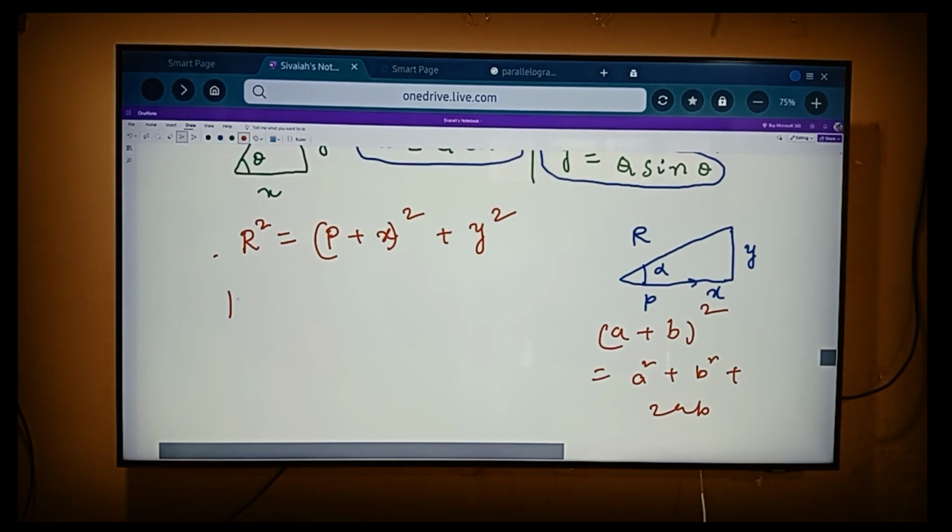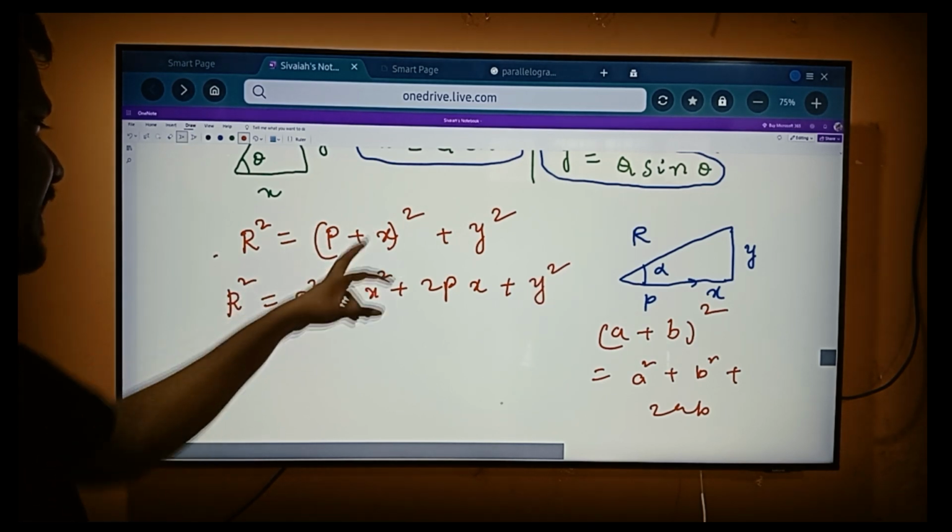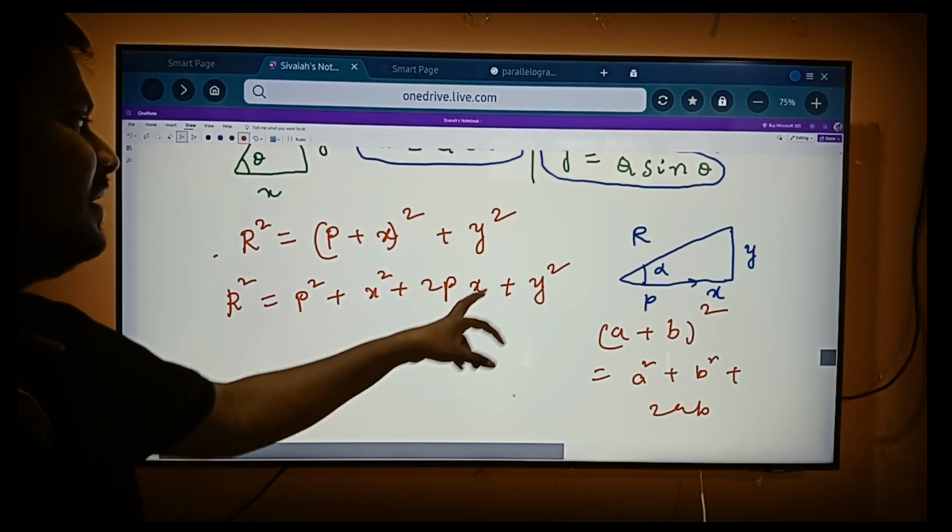So R square equal to P square plus x square plus 2Px plus y square.